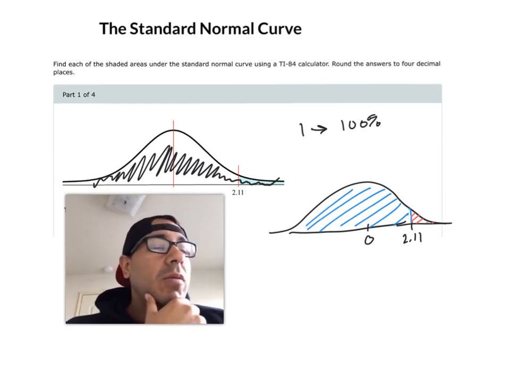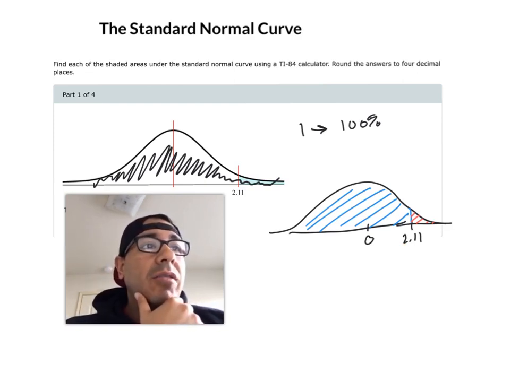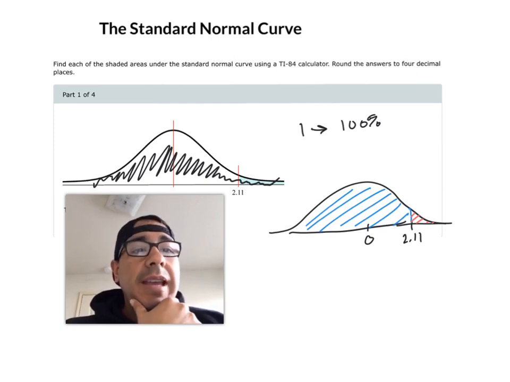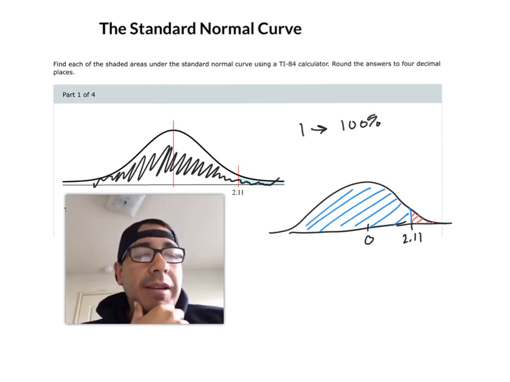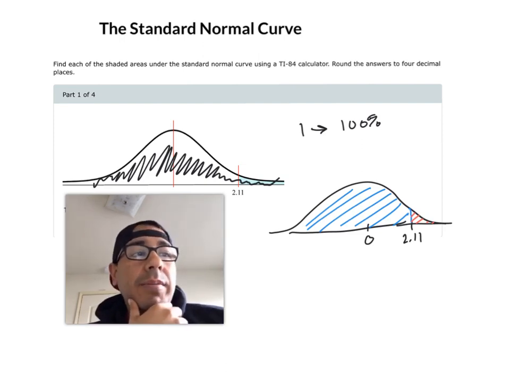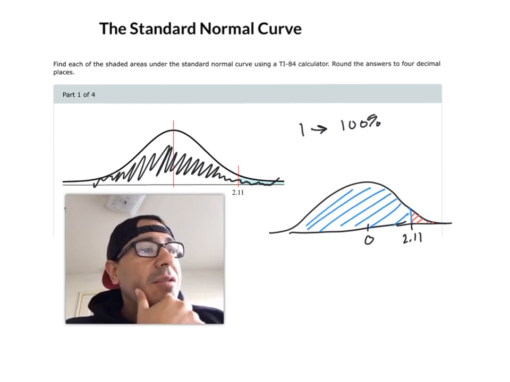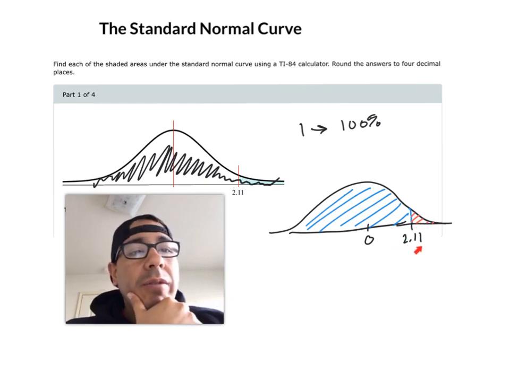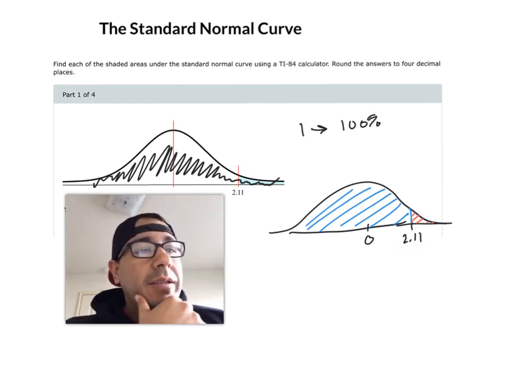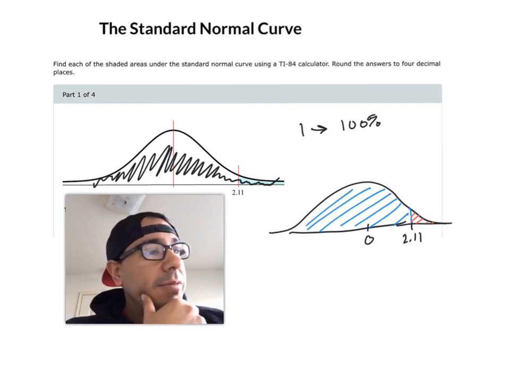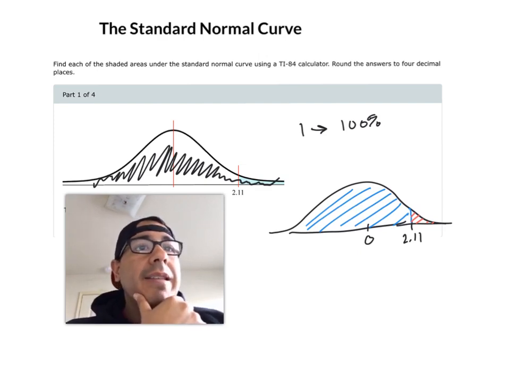I'm going to walk you through how to use our TI-84 calculator to get these probabilities. For this particular problem, they wanted us to find the area to the right of 2.11. Let me flip the camera on you and look at how to do this using our calculator.